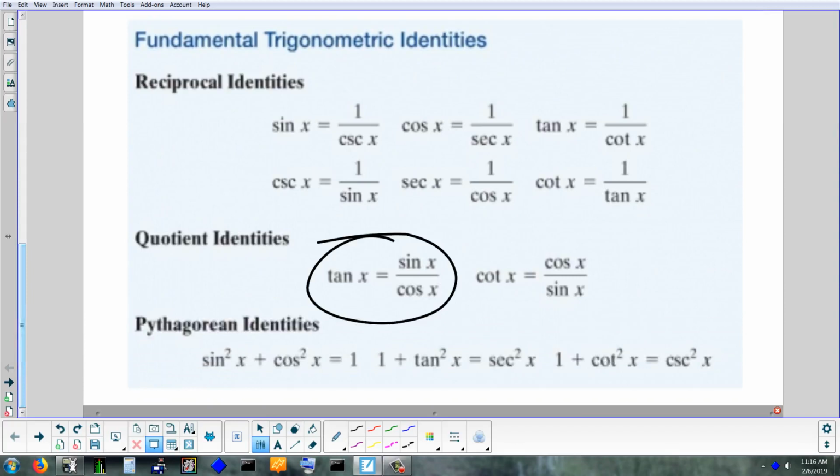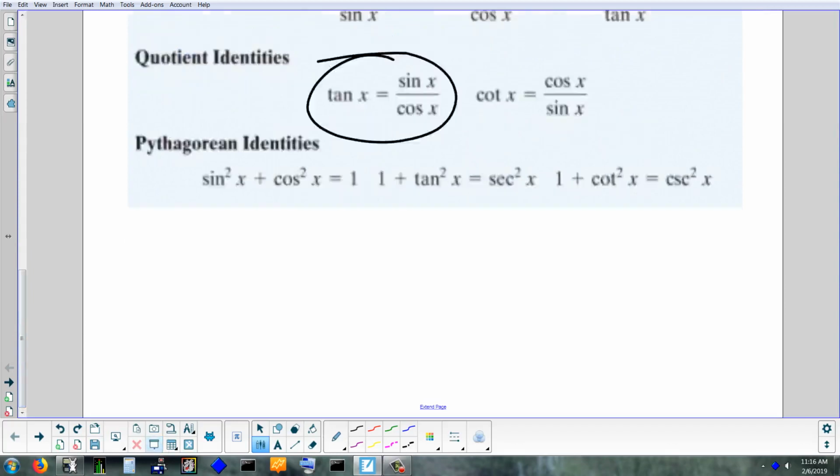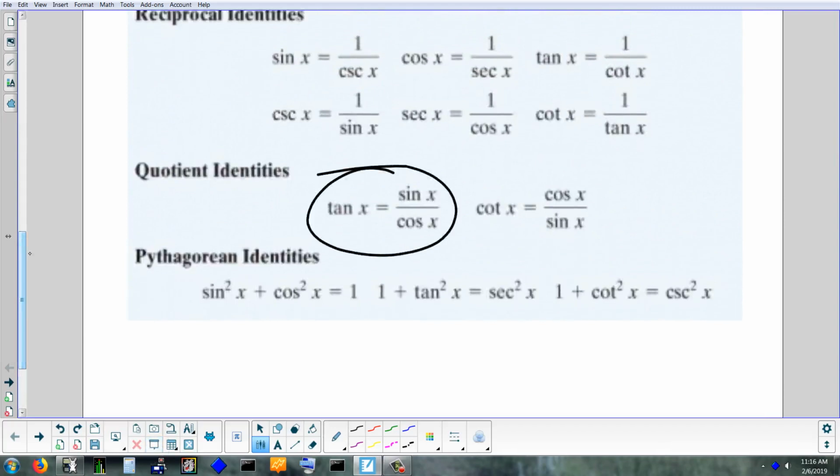And then the last group of identities, we wrote them, but we never did anything with them. So I'm putting them up again. Sine squared plus cosine squared equals 1. The next one is 1 plus tangent squared equals secant squared. And the last one is 1 plus cotangent squared equals cosecant squared.